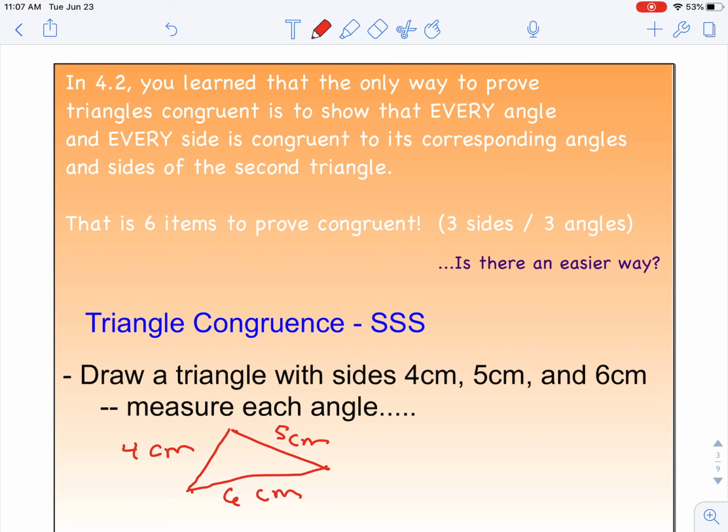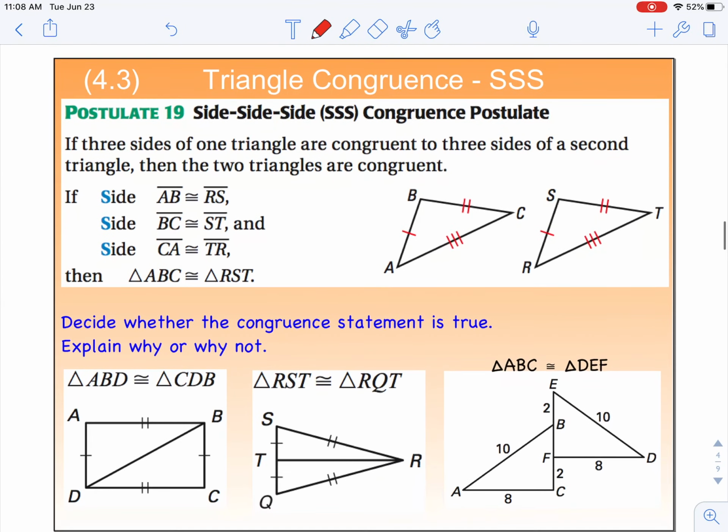But if we do this, when we measure all of the angles, all of our angles would be the same. So if all of our sides are the same and all of our corresponding angles are the same, then that's actually a shortcut way of proving 2 triangles congruent. And so that is our first triangle congruence theorem.